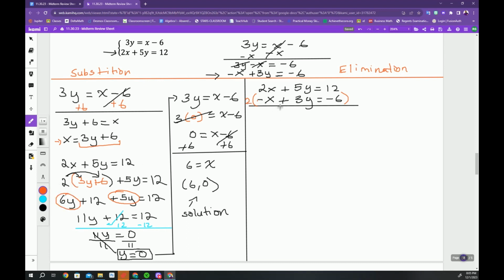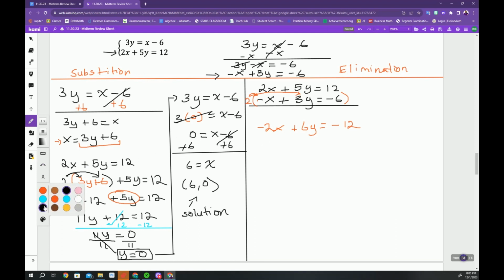So now the new equation, if we multiply the whole thing by 2: 2 times negative x is negative 2x. 2 times positive 3y is plus 6y. And 2 times negative 6 is negative 12.